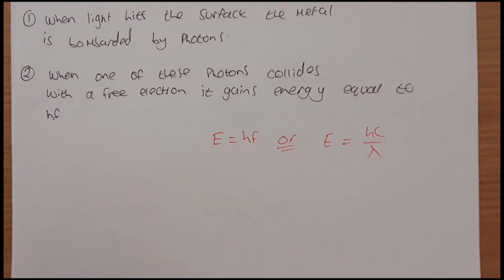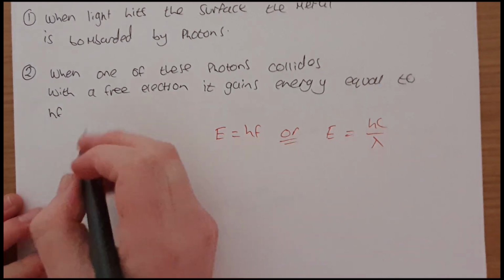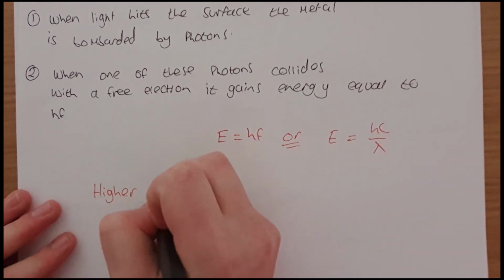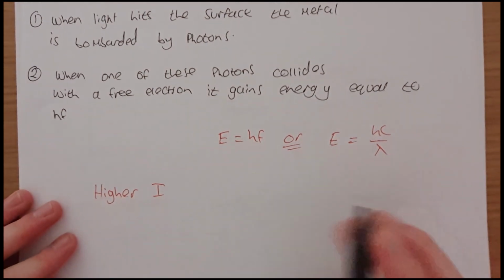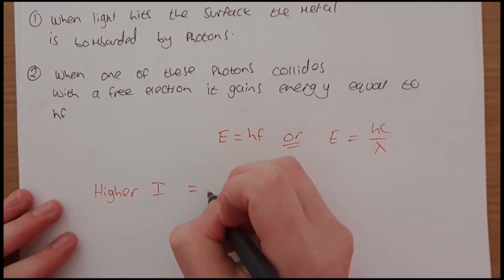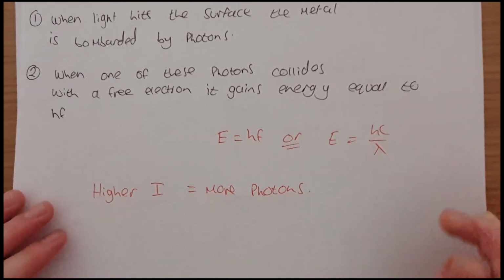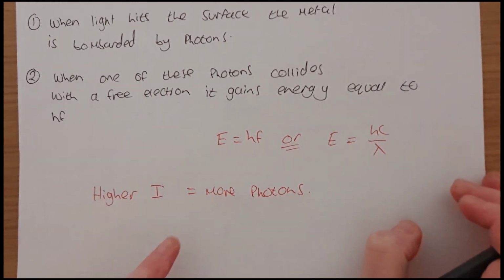Now, the photon model kind of proves this because of this. Wave theory tells us that if we have a higher intensity, that means we have more photons. Now, why does that tell us that?